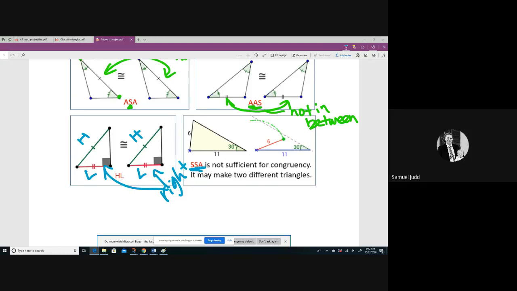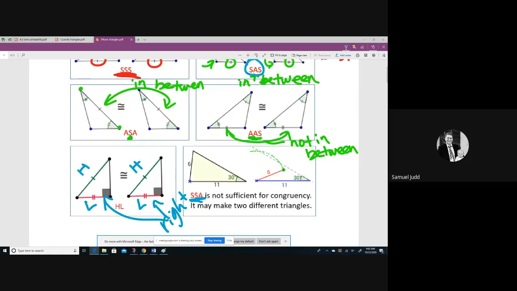It may make two different triangles. Because you can move the two sides that are congruent, since the angle in between them is not marked congruent, you can actually get two different kinds of triangles. So this is not a valid form for proof. If you see SSA, you know that's not your answer. If you write it down, you know you got it wrong.